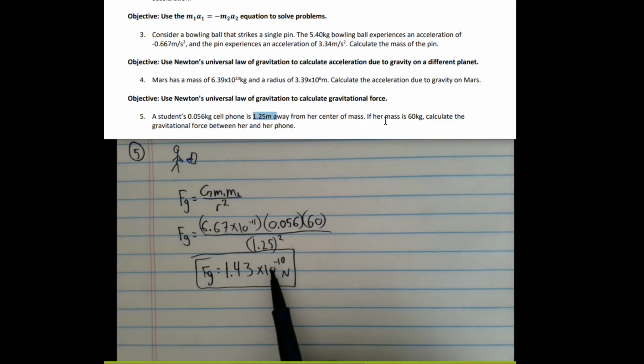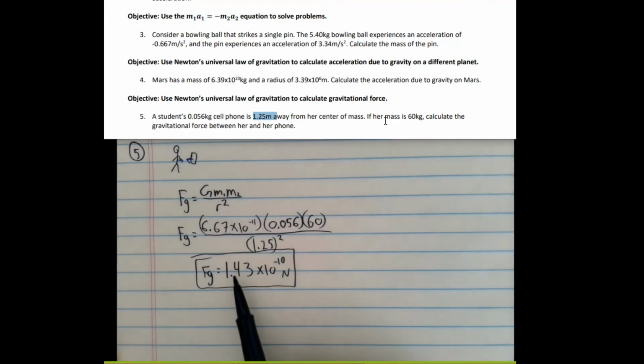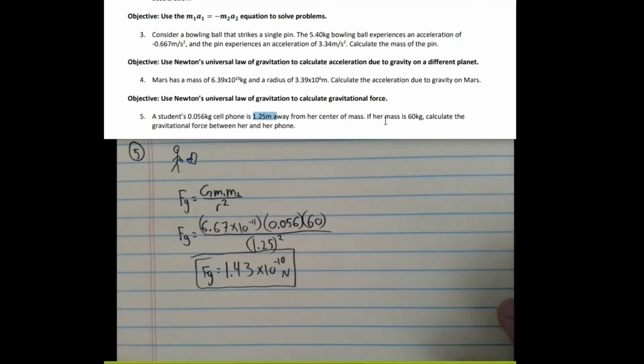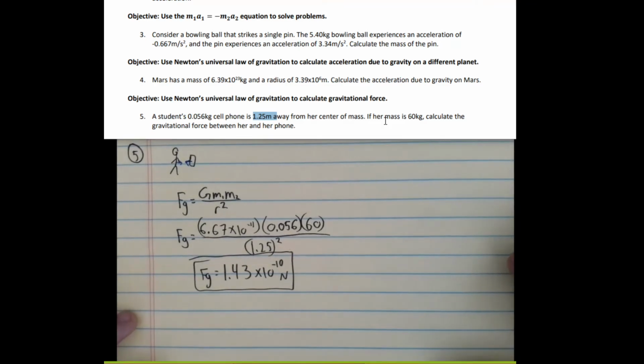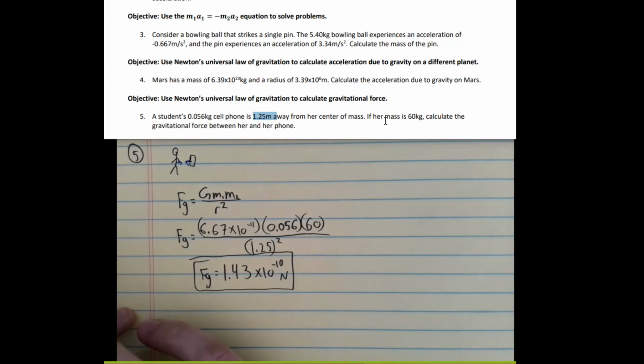Very important to have this scientific notation term. It's 1.43 times 10 to the negative 10. That means that it's a very small amount. Really, this decimal place is 10 places that way. So basically, there's almost no force. It's technically there, but we just can't feel it. It's such a small amount because this person and her phone are too low mass.